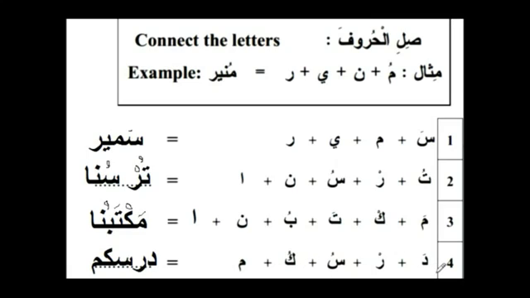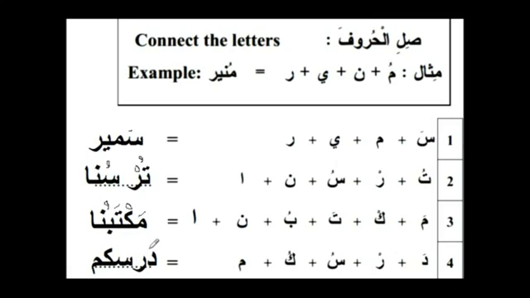The next word, Darsukum, which means your studies. The dal should not have connected to the ra because dal is not a connector. The sin should have come after the ra, not connecting to it because it's not a connector. The kaf again should have connected to the sin in its connecting form, followed by the meem.